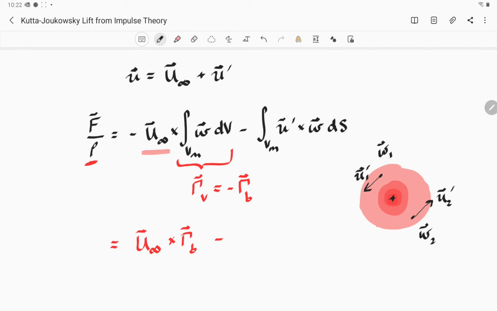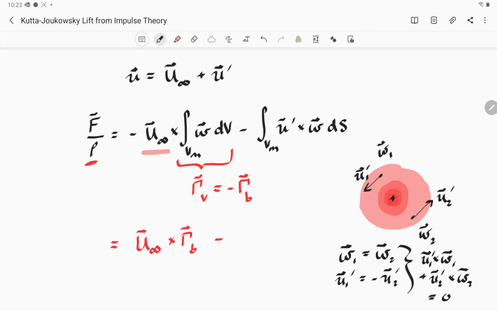This is the velocity in the moving frame of reference. And by the axisymmetry assumption, we have omega 1 equals omega 2, and u1 prime equals negative u2 prime. And so the cross product of the velocity and the vorticity on opposite sides of the vortex are going to be equal and opposite, so their sum will be 0. And if we do this for all pairs of points around the circle, of course, this entire integral is going to vanish.